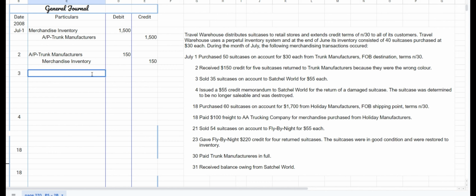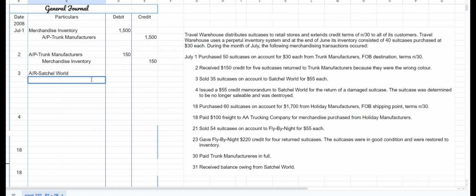Okay, now July 3rd, sold 35 suitcases on account to Satchel World for $55 each. So you're selling them on account, which means they're not going to pay you right away. So the debit account is accounts receivable, Satchel World.